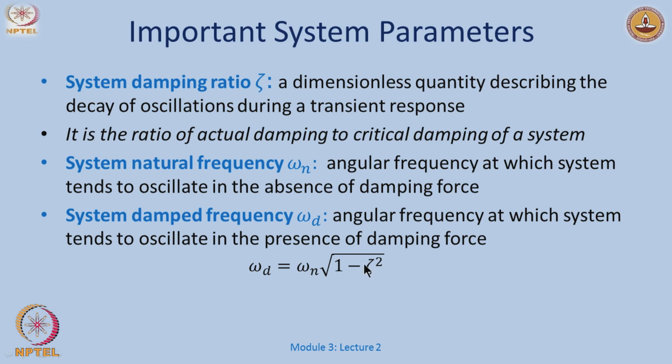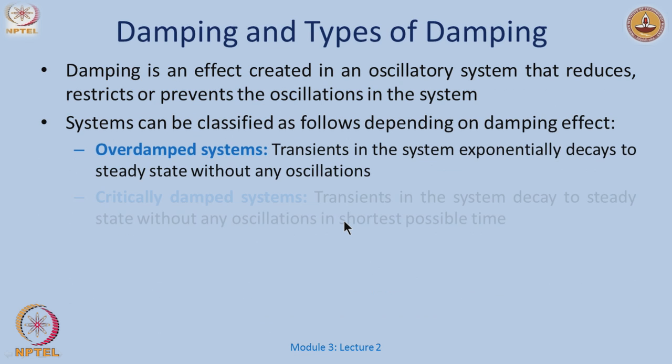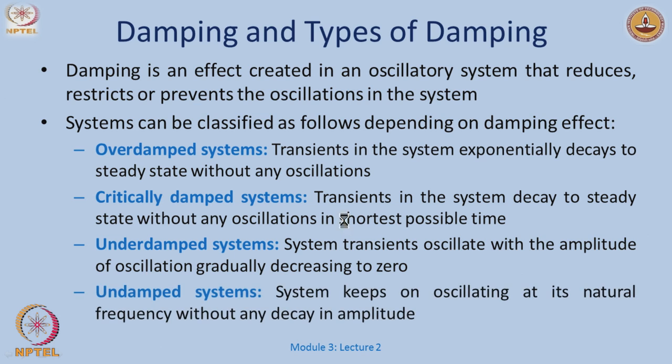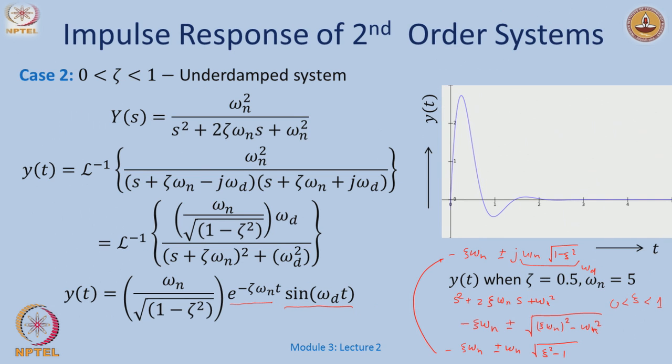The system damped frequency is the angular frequency at which the system tends to oscillate in the presence of a damping force, where zeta was greater than 0 but less than 1, and this is exactly the formula we use there. This omega d is not defined by any magic; it just sits beautifully in the term sine omega d t. This is why I call omega d the damped natural frequency. It is omega n square root of 1 minus zeta squared.